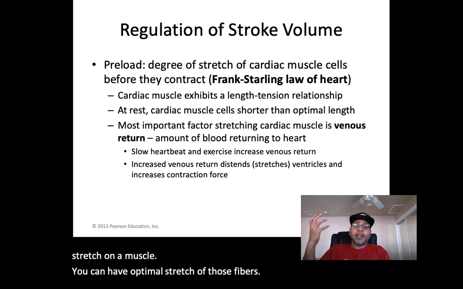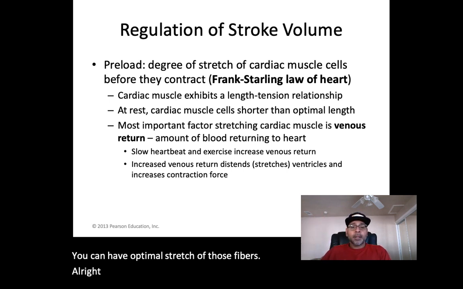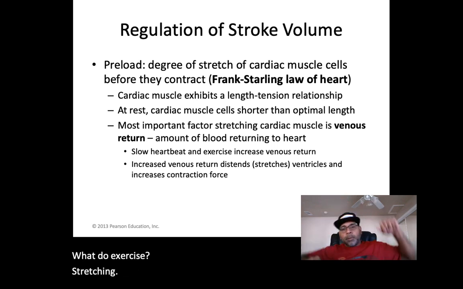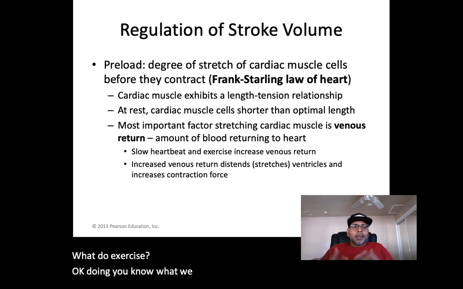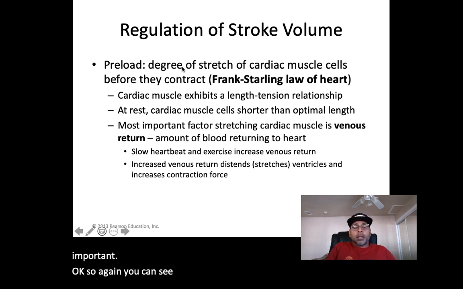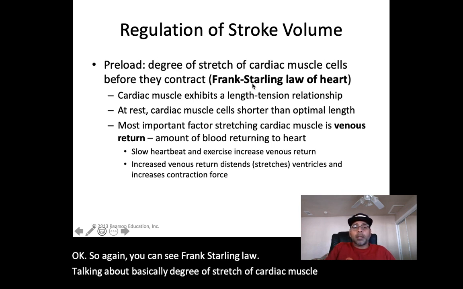All right, hence exercise. What do we do in exercise? Stretching. Same thing with athletes, it's very important. Again, you can see the Frank-Starling law talking about the degree of stretch of cardiac muscle cells before they contract.